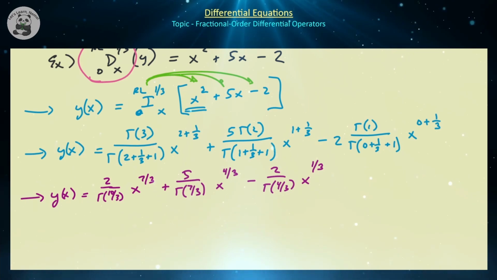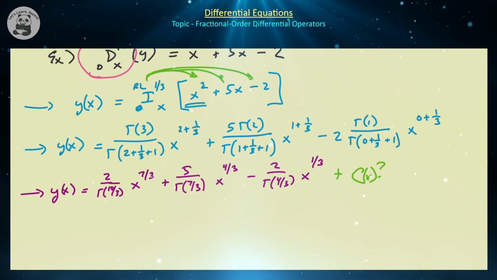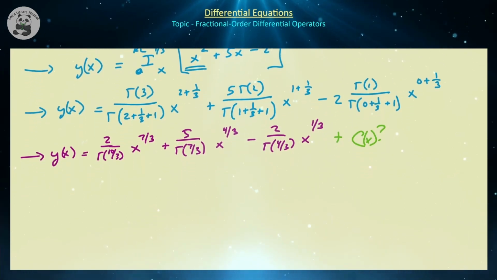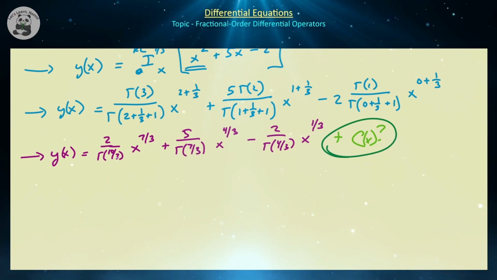Question: do we include a plus c here, or in some sense a function there? If this is the case, how would we actually know? This goes back to the very first point that I made at the beginning of this video.